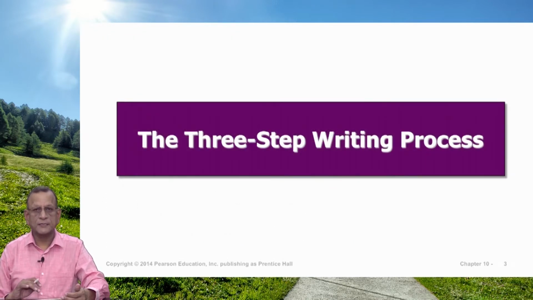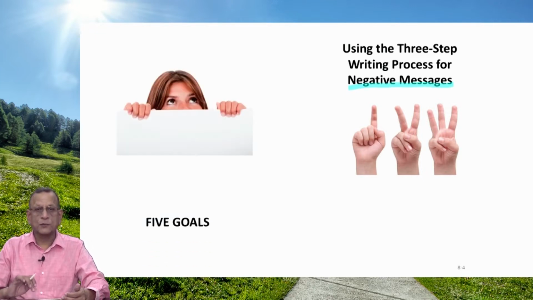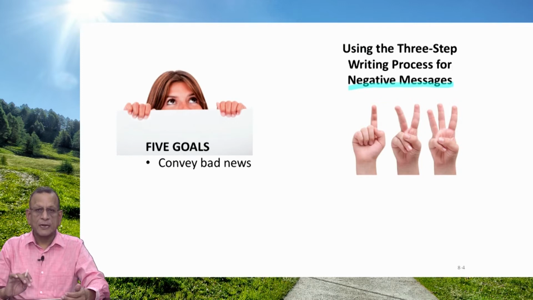So the first one is 3-step writing process. We have already talked about this 3-step writing process enough. So this is using 3-step process for negative messages. So what's the goal? We have 5 goals. The first, convey bad news. The second, gain acceptance for this bad news.